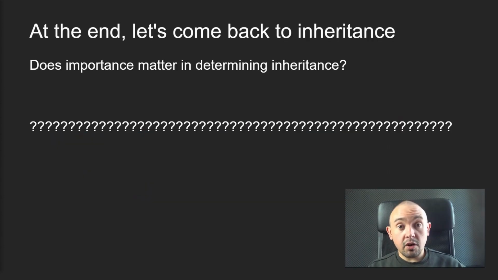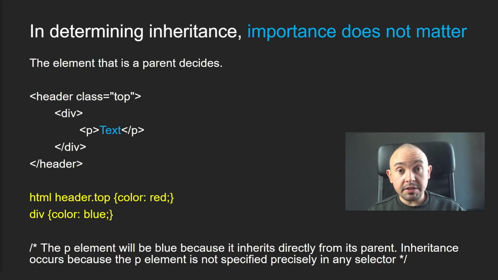Finally, I would like to go back to inheritance and show you some examples related to this aspect of cascading. In determining inheritance, importance does not matter. The element that is a parent decides. The p element will be blue because it inherits directly from its parent. Inheritance occurs because the p element is not specified precisely in any selector.